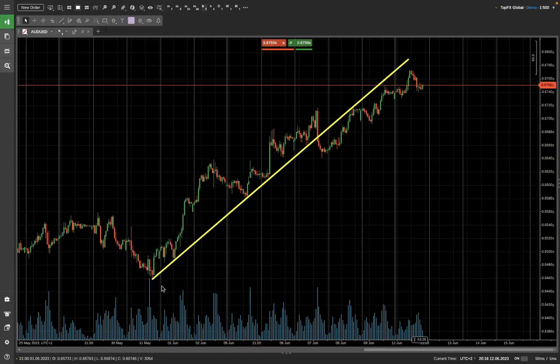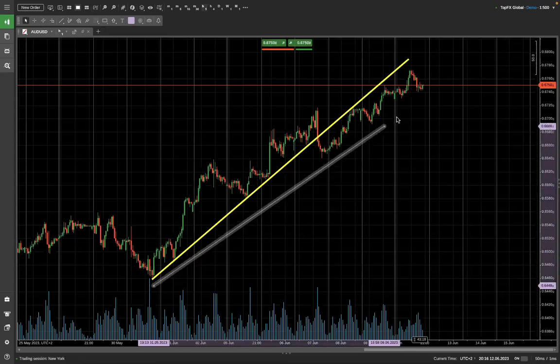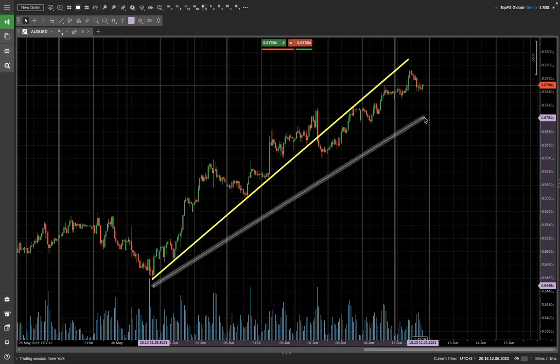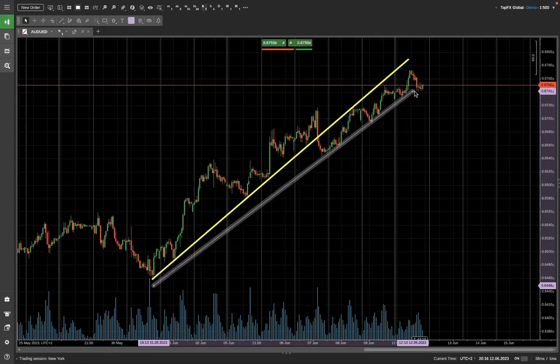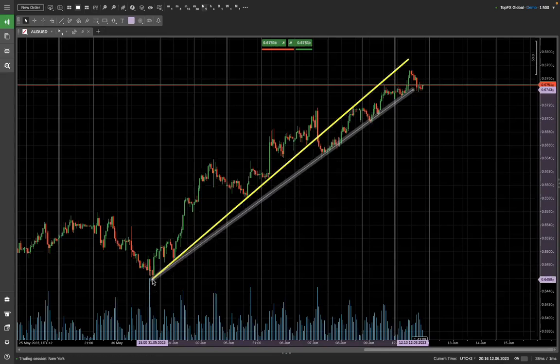So we are using the same low. Oh, sorry, it disappeared. If we use the same low as our starting point, and now we drag the trend line to the level where it was violated. So the low after it was violated is here. We need to adjust our trend line here.